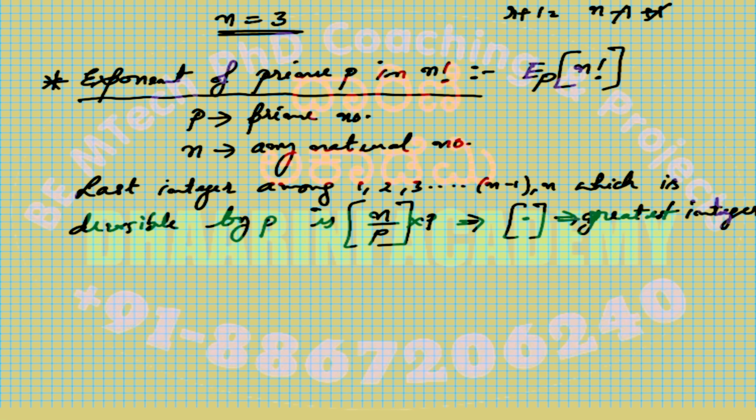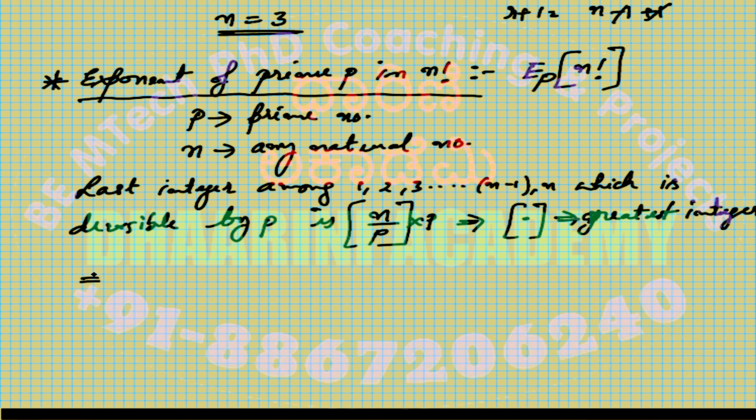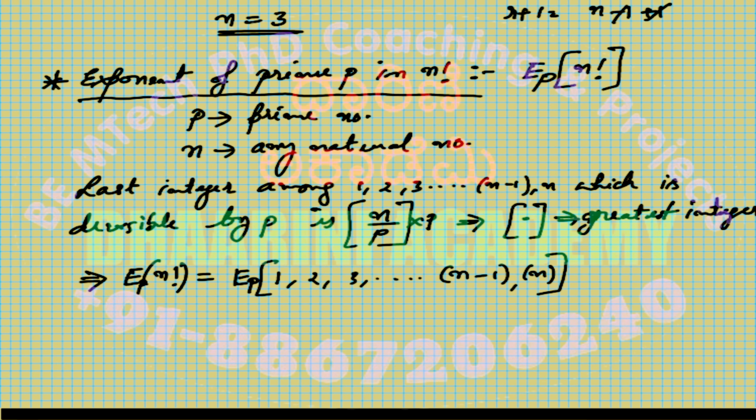Let's try to give a mathematical representation for this. If I want to find E_p of n factorial, I have to find the prime factor p of all the numbers starting from 1, 2, 3 up to n minus 1 and n. This is what I want to check.